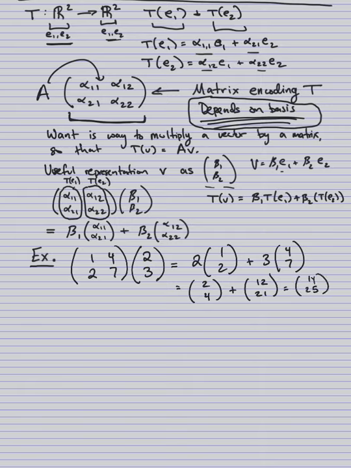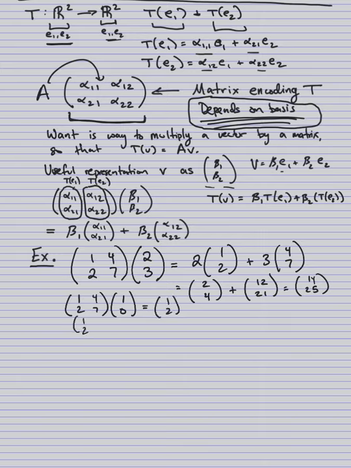Okay? So this is just saying that the linear transformation that sends 1, 0 to 1, 2 and 0, 1 to 4, 7 sends 2, 3 to 14, 25. Okay, so maybe another sanity check is that when I plug in E1, which in this case is given by 1, 0, then I get precisely 1 times the first column plus 0 times the second, so I just get 1, 2.